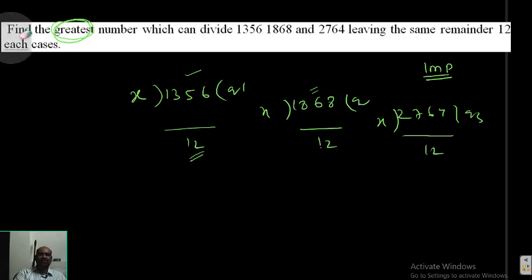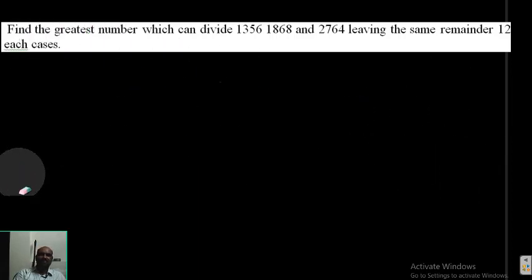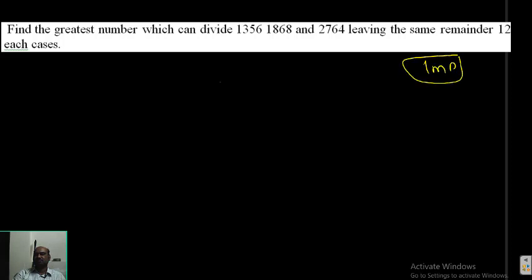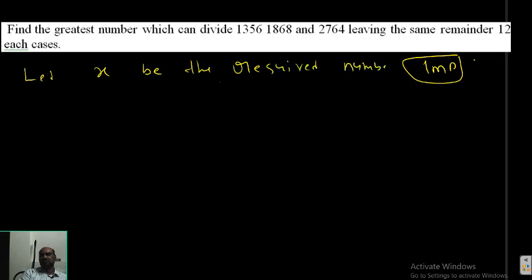Okay, now I will write neatly. Important. Let x be the required number. First of all, 1356 divided by x, let q1 be the quotient and 12 the remainder.